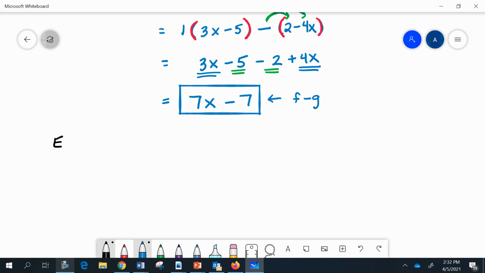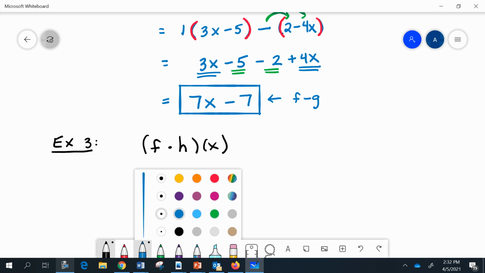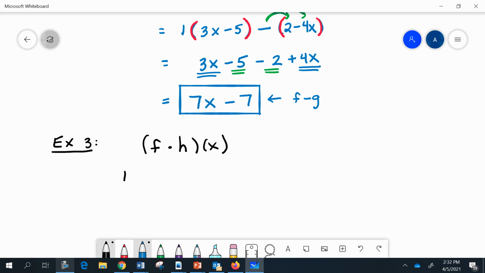Let's suppose that maybe the problem asks us to do f times h of x. Okay, so again, I'm going to start with what this means. Looking at those definitions, what it means is to take the f of x function and times it by the h of x function.